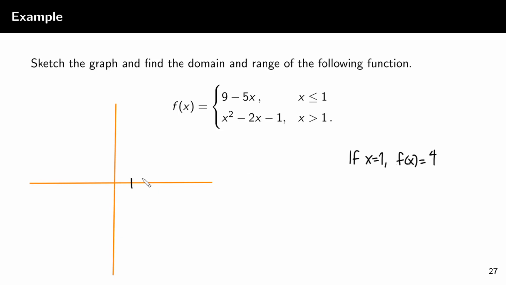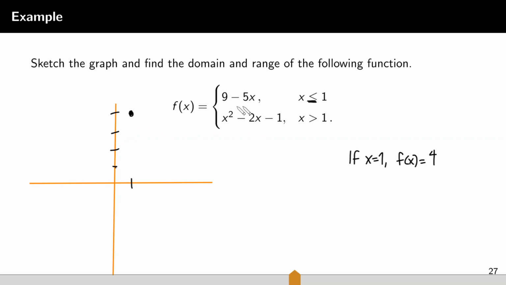So if x equals 1, y is equal to 4. So 1 and then 1, 2, 3, 4. So ito siya. Now, itong point na to kasama siya dun sa function, since hindi strict yung inequality natin. So when x is equal to 1, ito yung definition niya, 9 minus 5x.